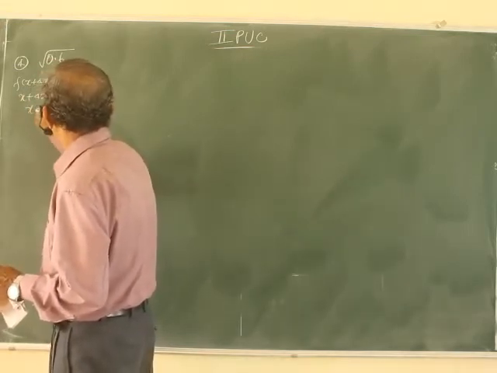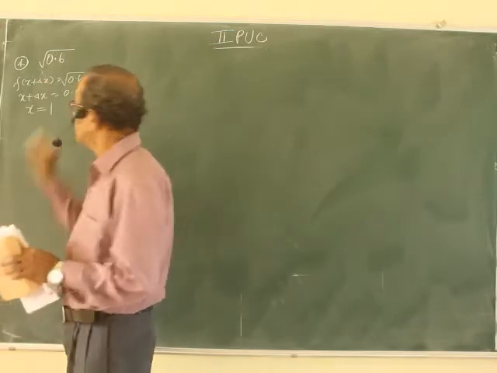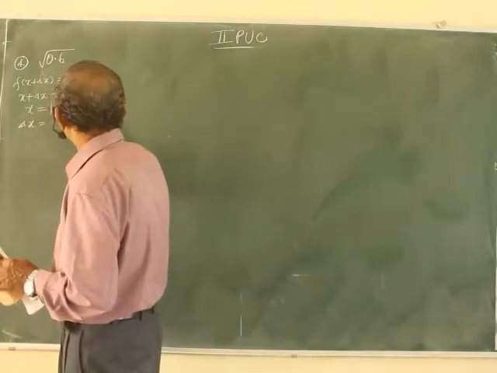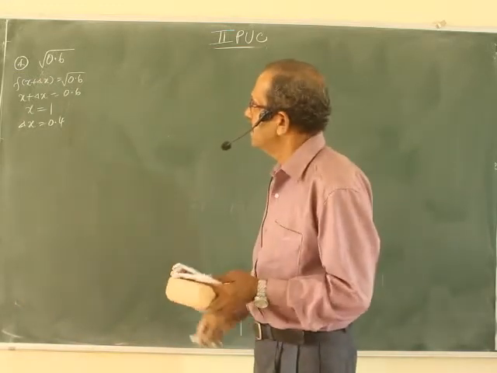What about x here? The nearest value whose root is known, 1, is better. Therefore, what happens to the delta x? It can be written as minus 0.4, correct?